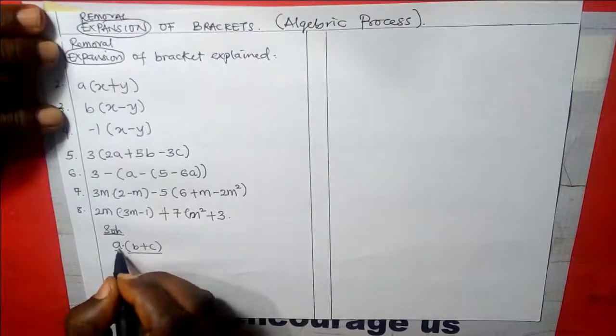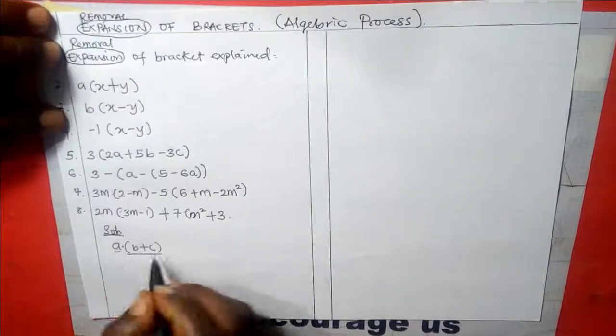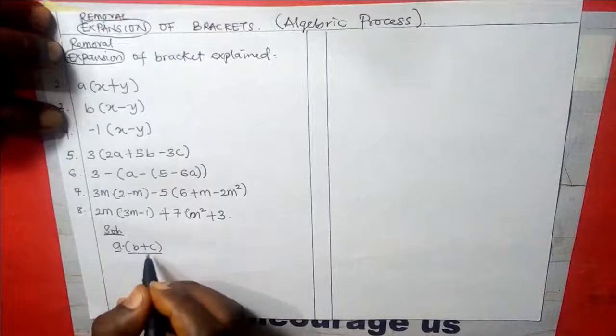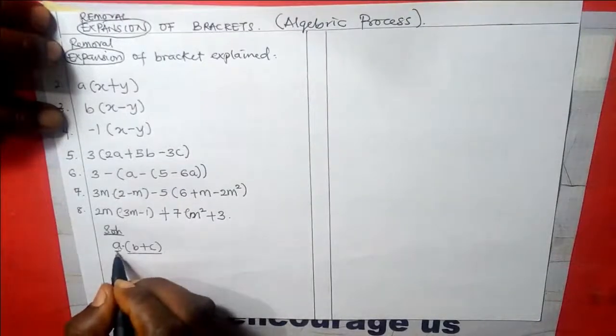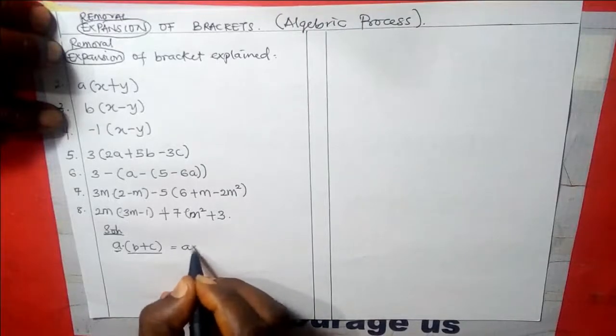So this multiplication is distributive. The implication is that it will multiply each term present inside the bracket. For example, a multiplies b and it will give you a times b.